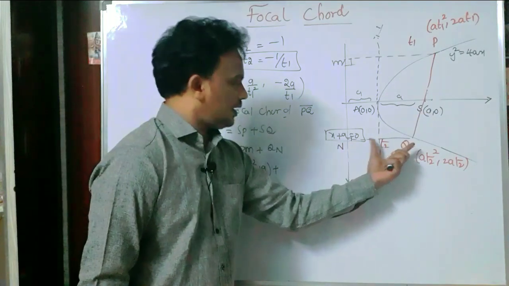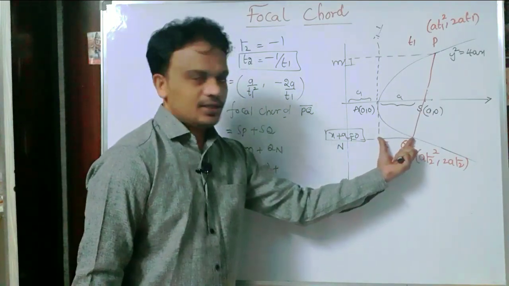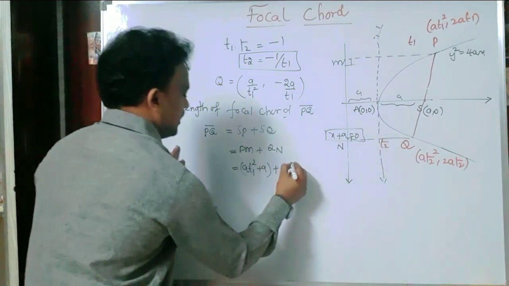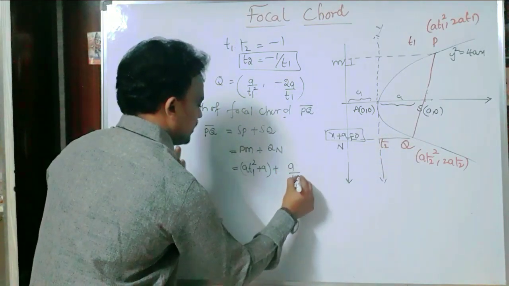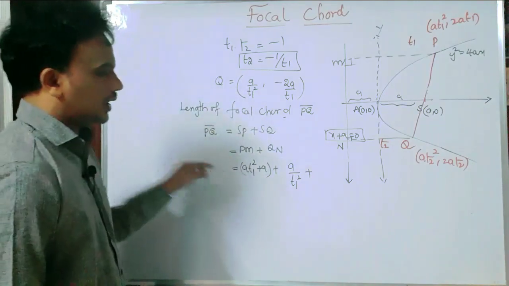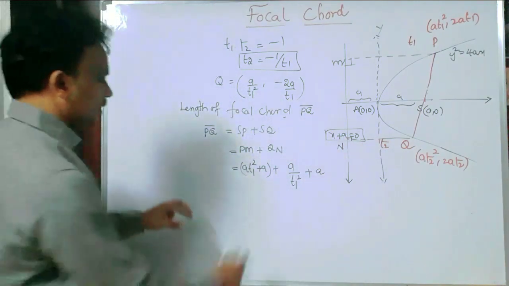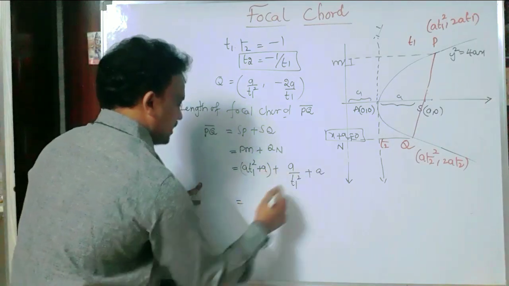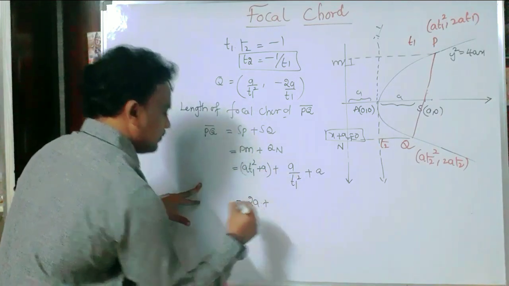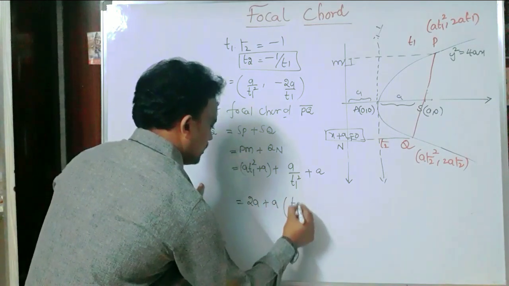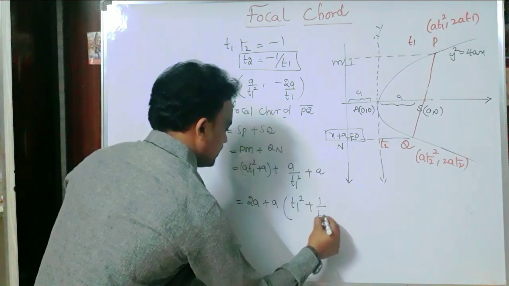QN is the x coordinate of Q, which is a by T1 square, plus a. So a plus a is 2a, giving 2a plus a of T1 square plus 1 by T1 square.